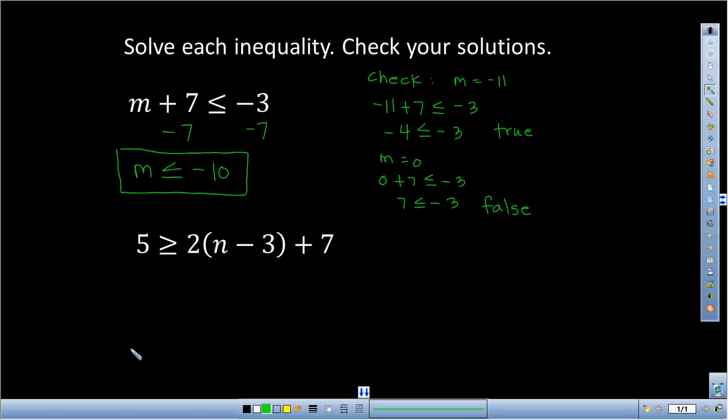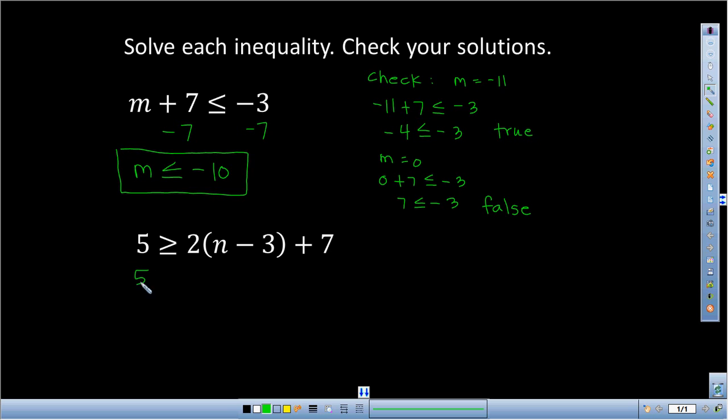The next inequality says 5 is greater than or equal to 2 multiplied by the group n subtract 3, add 7. So it's the same idea. We're going to isolate the variable. So one thing we need to do is to take a look at these two groups.